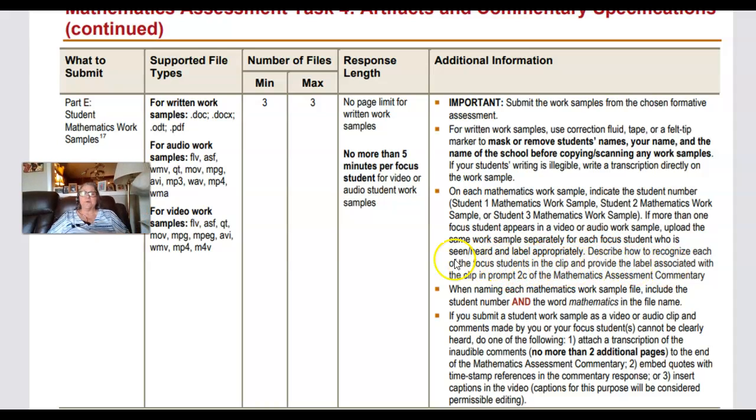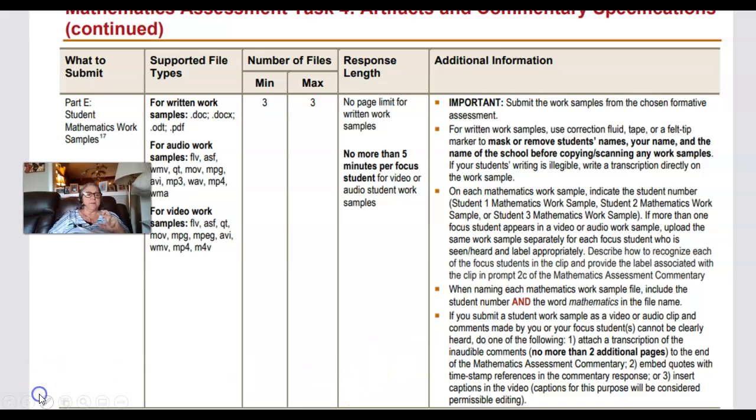So that's very important. So if you have a video that's got all 3 students with their work samples on it, you need to follow these directions that are right here. Okay. And then you are going to submit those. If you have trouble with understanding the students, there's some directions here about transcribing.